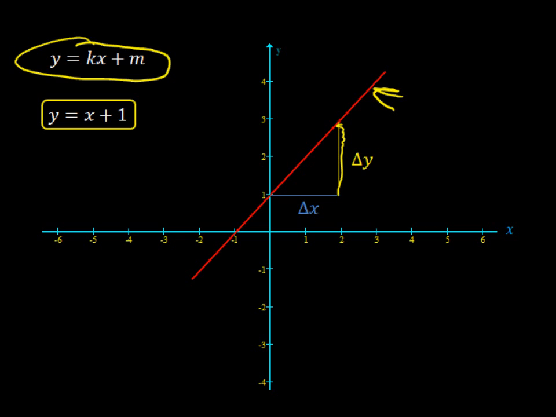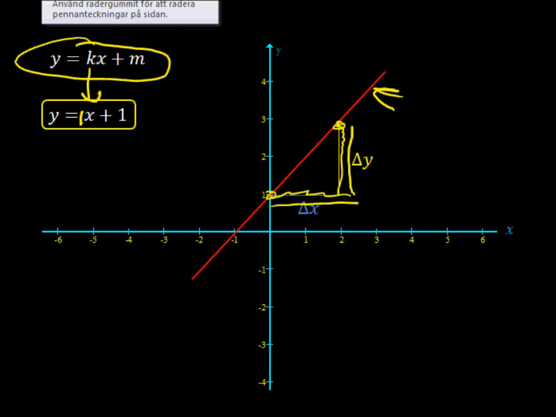In other words, how much did y change going from one point to another? And you can see that. You can just go right up the triangle. That's 2 spaces. How much did the x change? That was 2 steps, okay? And 2 divided by 2 was 1. So our k was 1. And there's a little 1 right there, even if you don't see it, because I've already cleaned it up. We don't usually put a 1 there. If it was 2, it would stay, okay? So that's how we did the k.